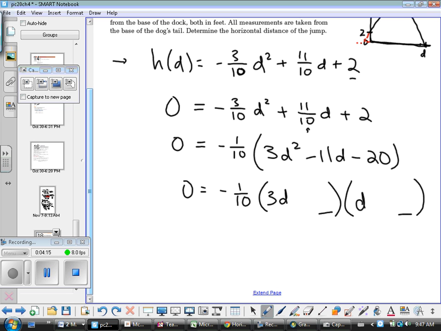I can kind of see that that's going to work, because I'm going to either put the 4 here and the 5 here, or vice versa. So I just look at what would happen. When I multiply these, I'm going to get 15. Multiply these, I'm going to get 4. And so actually, if I make this negative, you have -15d plus 4d, and that does give me -11. Okay. So that's actually the factoring of that.